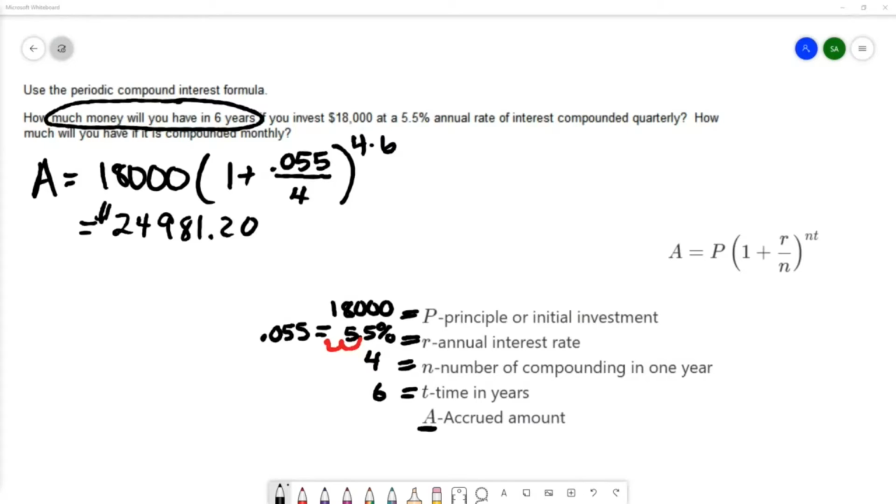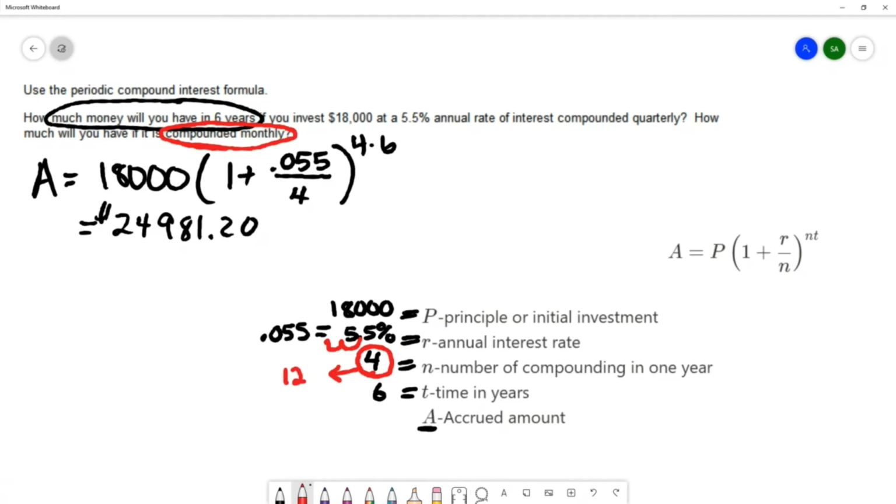Now there is a second part to this problem. And the only difference on this part is that we are asked to compound monthly instead of quarterly. So this is only going to change the value of n. So we're going to change the value of n to be 12.